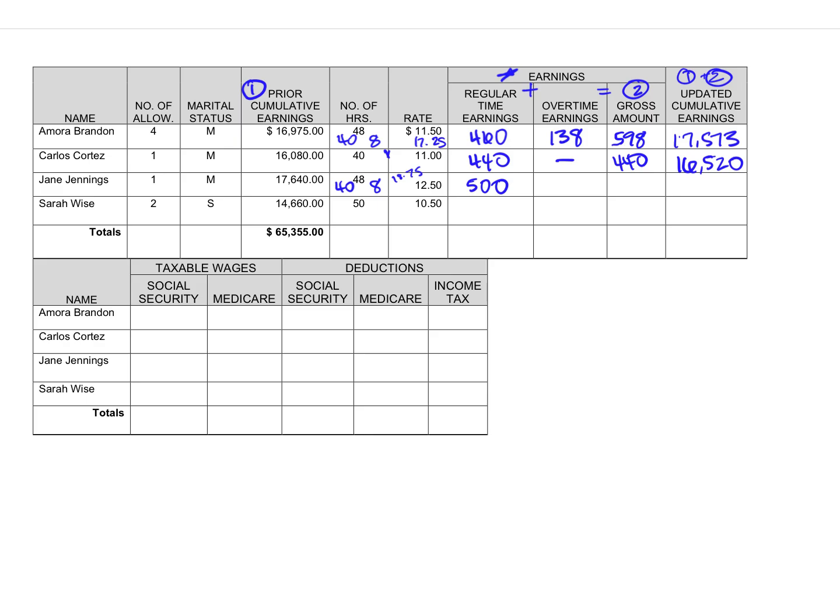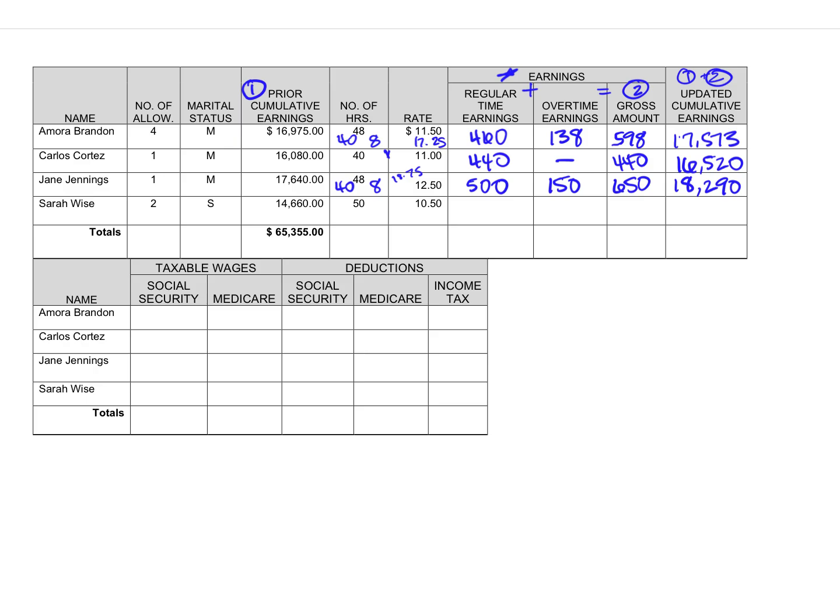So if you multiply 8 times $18.75, you would get $150 for Jane's overtime pay. We add these together for her current gross pay of $650. And then finally update the cumulative earnings to $18,290.